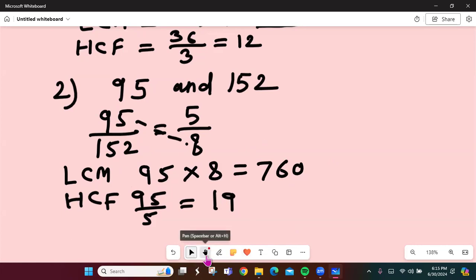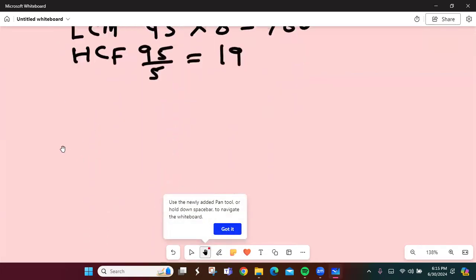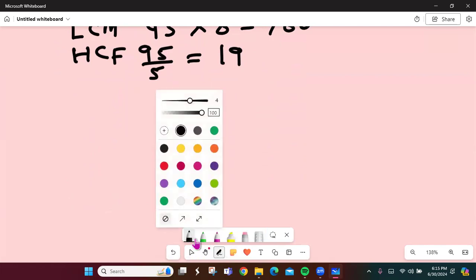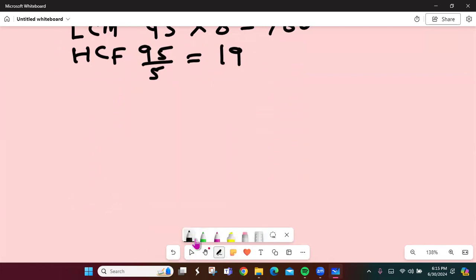So let me give you some practice problems on this. The first problem here is you will find out the LCM and HCF of 120 and 135.